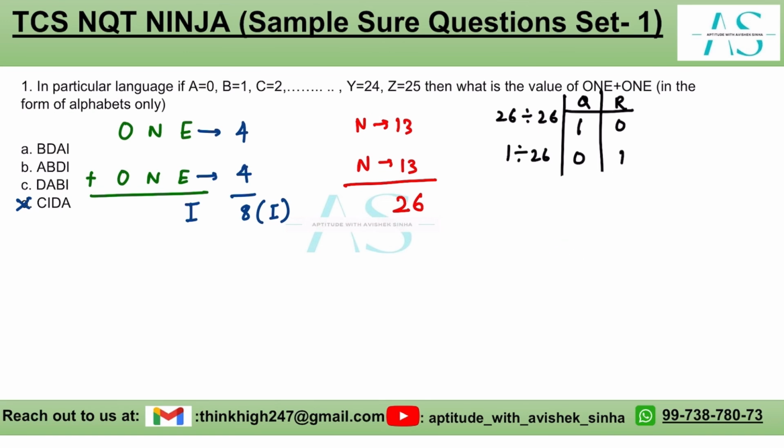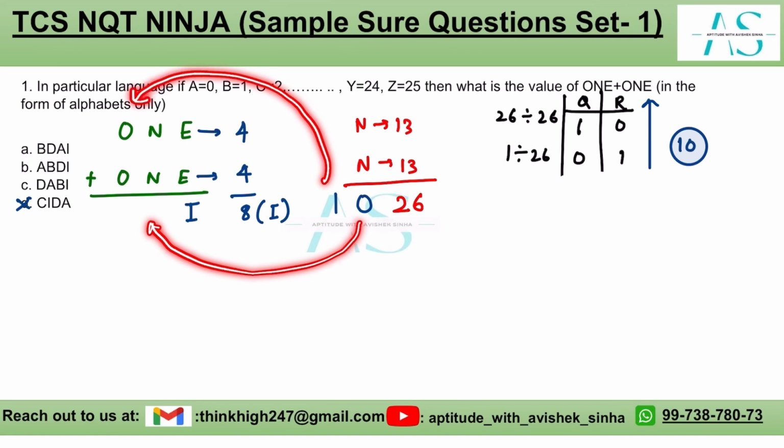So 26 in base 10 is equivalent to 10 in base 26. N plus N is 1 0. So we write 0 here, and 1 has to be carried forward.